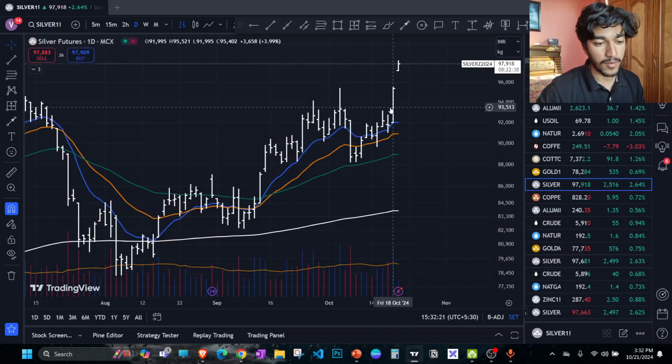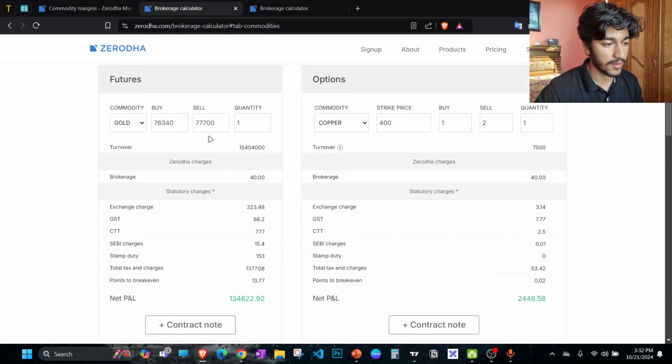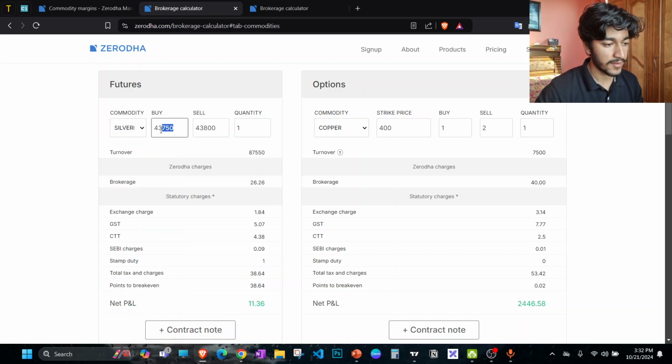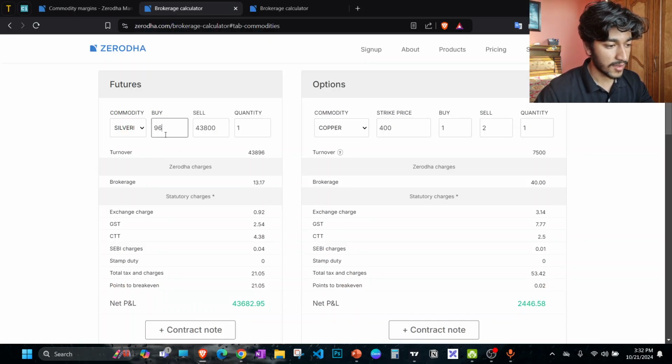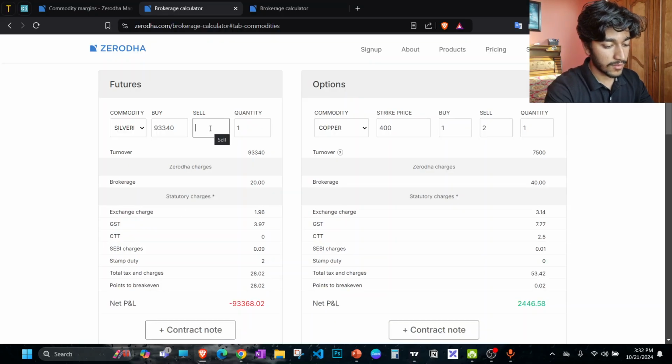Let's say you were able to buy it somewhere around 93,340, and you traded one lot and sold it somewhere around 97,800.